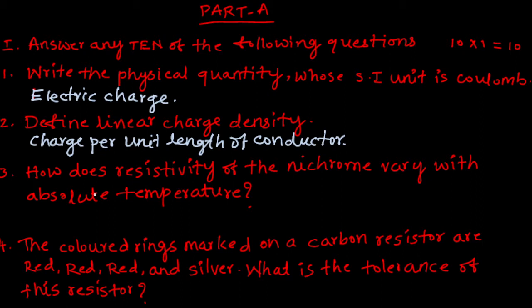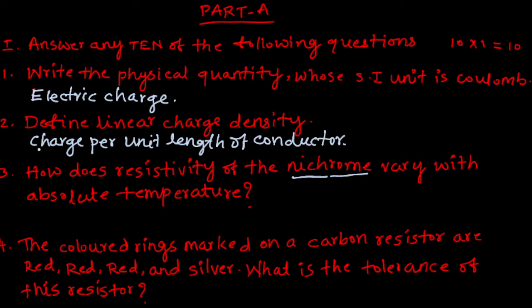But here they have asked about the resistivity of nichrome. Nichrome is an alloy of nickel, iron, and chromium. So how does the resistivity of an alloy vary?